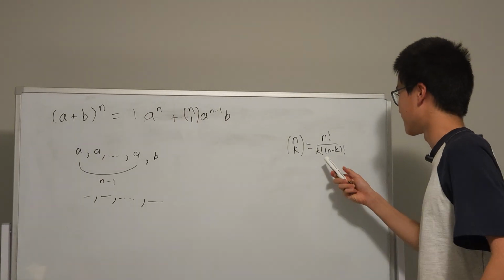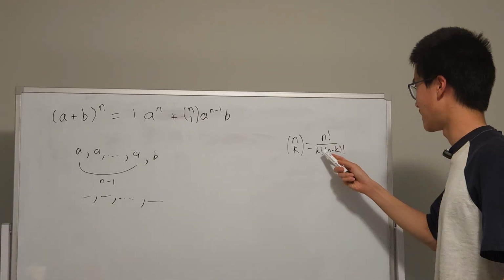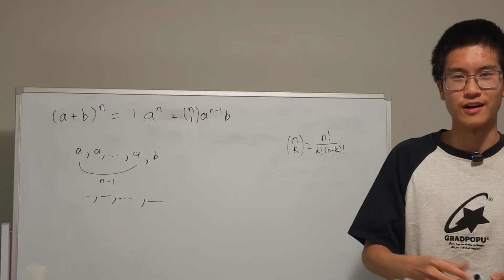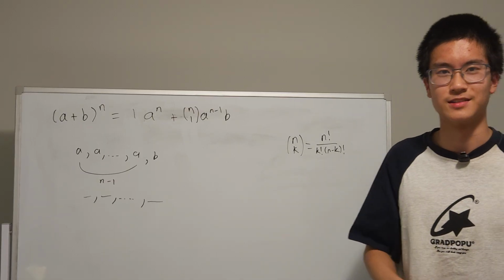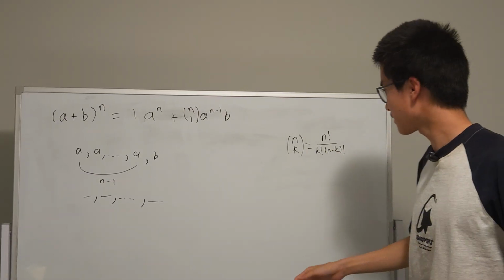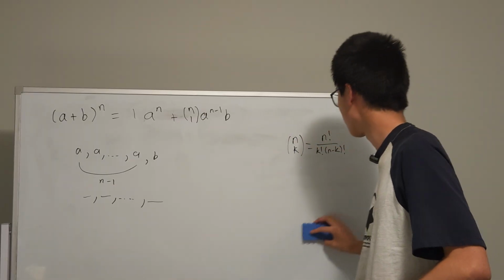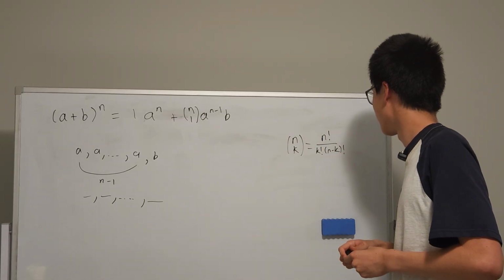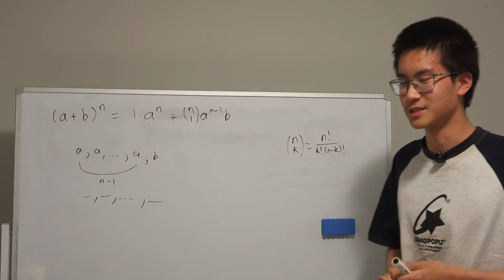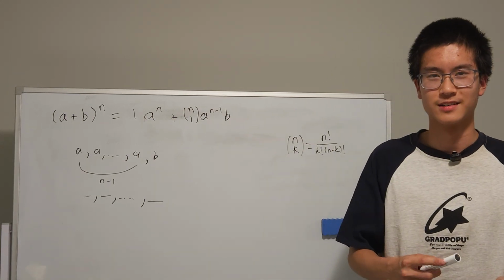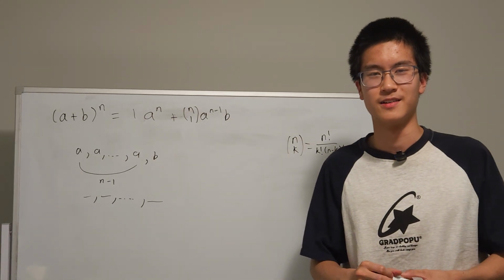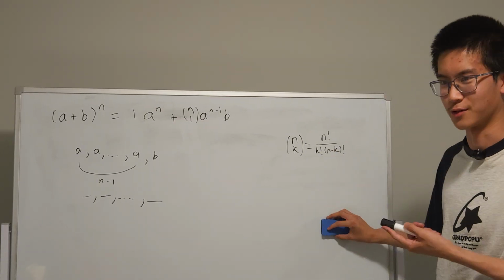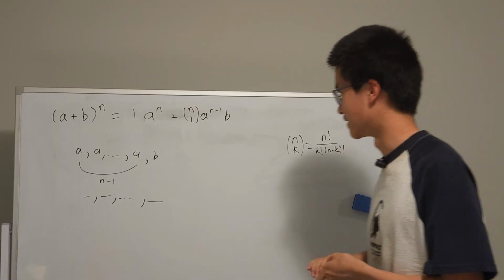And notice that we divide by k factorial because the k objects are indistinguishable. Without the k factorial, if we don't divide by k factorial, this is just the number of ways to rearrange the k objects. But because the order doesn't matter, this is why we divide by k factorial. So there's that.